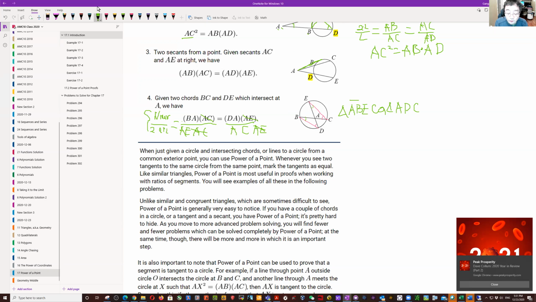Inside the circle, the similarity, you need to get used to it as if it is parallel, because with parallel lines it's quite intuitive: you know these are corresponding angles, alternate interior angles, alternate exterior angles.